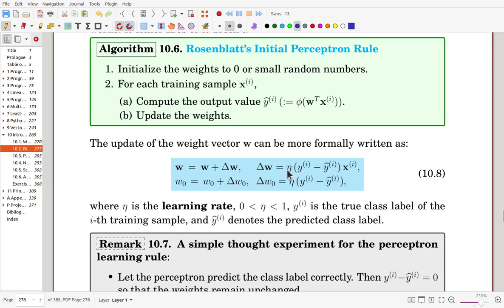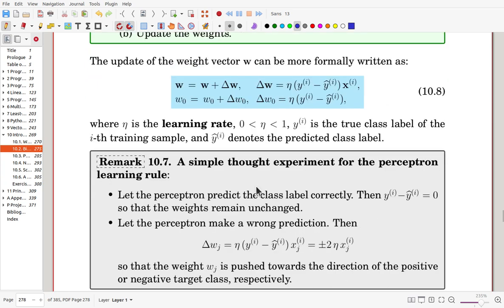We have to choose eta small, and along with this, the correction vector is updated. For W0 it is the same, but without xi. Here, eta is called the learning rate, yi is the true class label, and y hat i denotes the predicted class label.